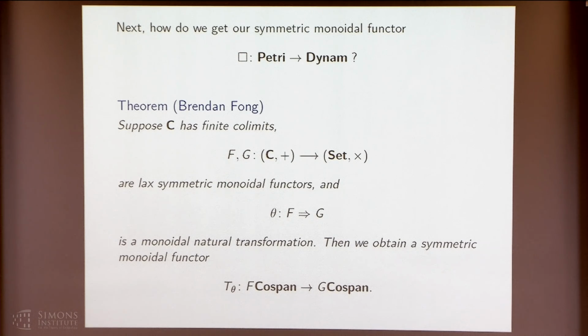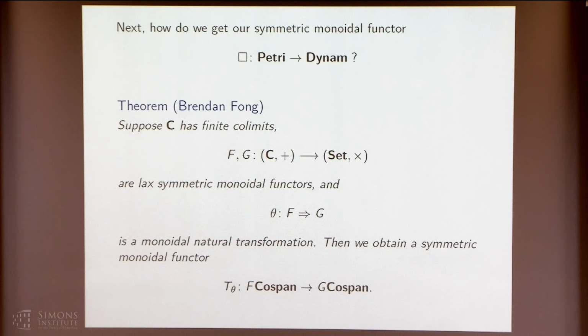Well, there's a thing that likes to go between lax symmetric monoidal functors, which is called a monoidal natural transformation. And so if you have one of those, then you get a symmetric monoidal functor from F decorated cospans to G decorated cospans. So this is the power of abstract nonsense coming in here. Those of you who are into categories will just say, yeah, this is just how it's bound to go.